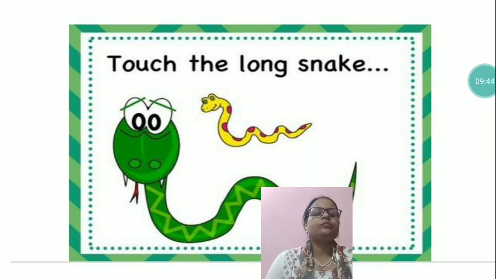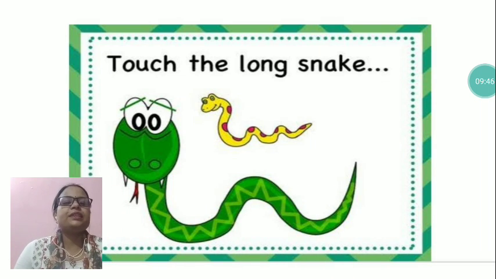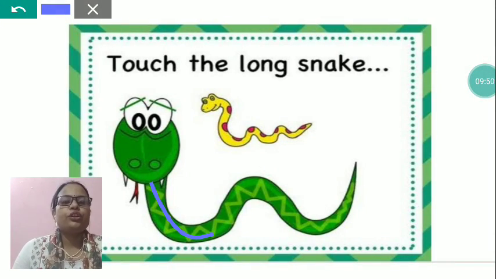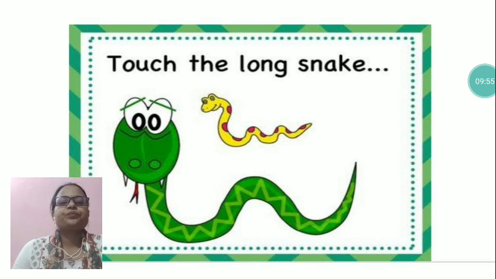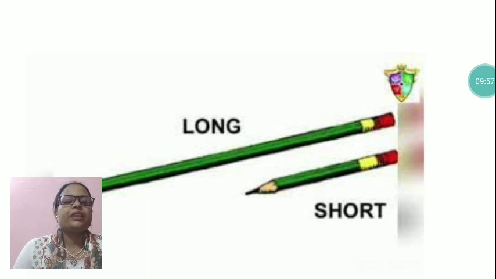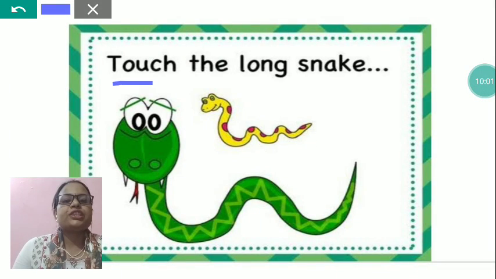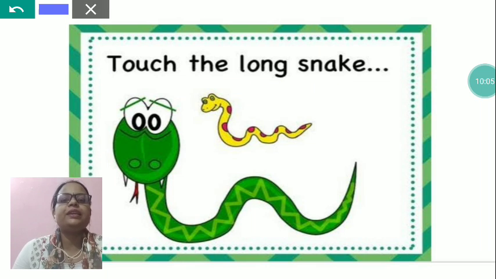Now some more you can see here in this picture also, this is a long snake, but this is a short snake. Now what is written here? Touch the long snake.